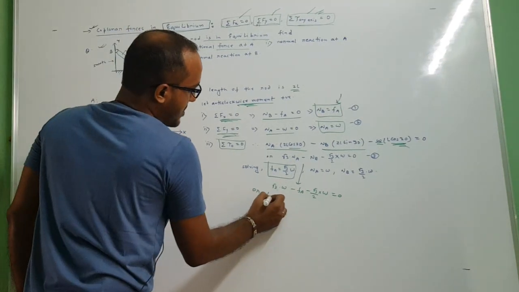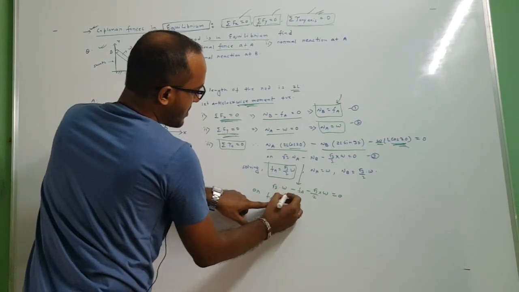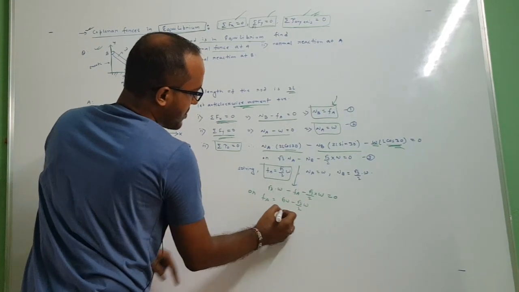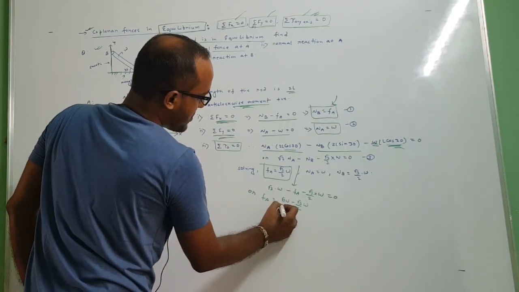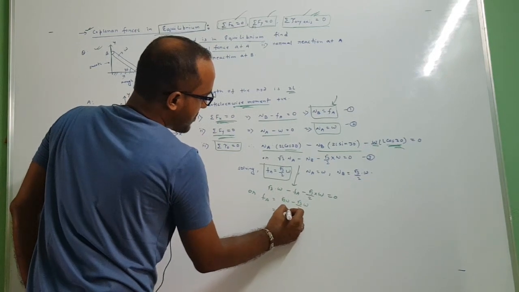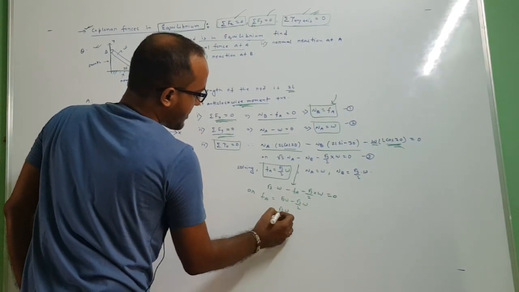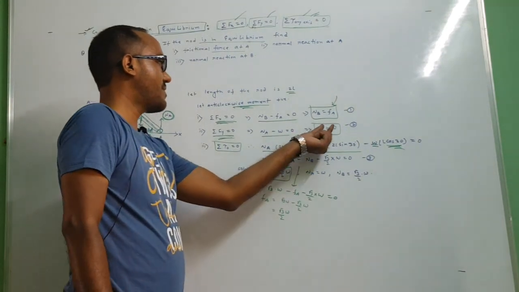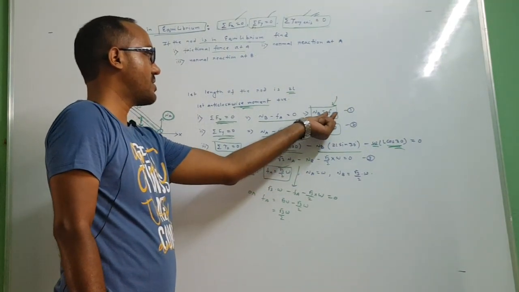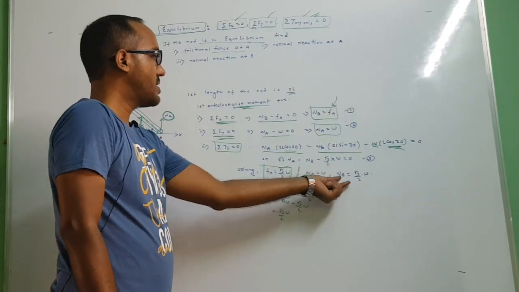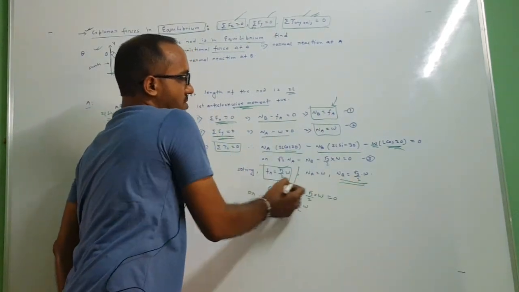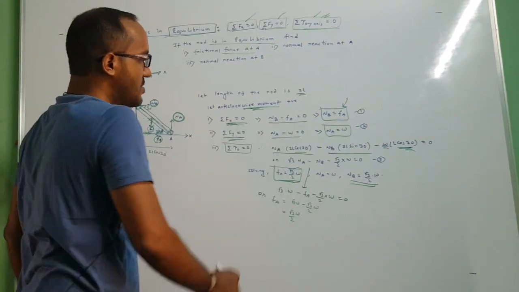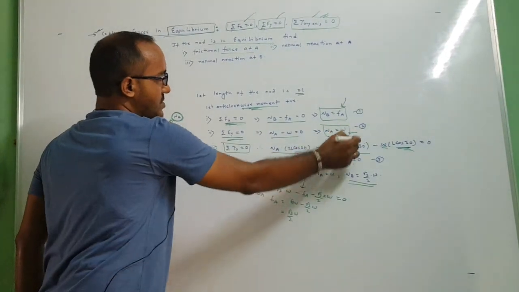So that means our FA would be root 3 W minus root 3 by 2 W. If you take root 3 W common, that is 1 minus half is half, that means root 3 by 2 W. So FA is root 3 by 2 W, and your NB component would be root 3 by 2 W, same as this, and NA is W. That's it.